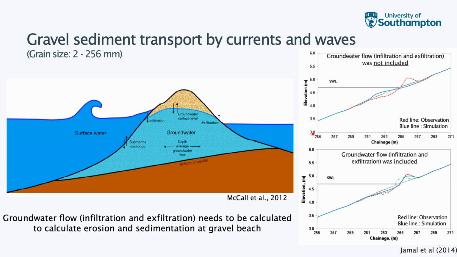But when the groundwater flow was not calculated, especially the intensity of backwash due to storm waves was not reproduced. So the final distribution of erosion and sedimentation at the gravel beach was not consistent with observation results. So when you predict gravel sediment transport by storm waves, the calculation of groundwater flow is important.